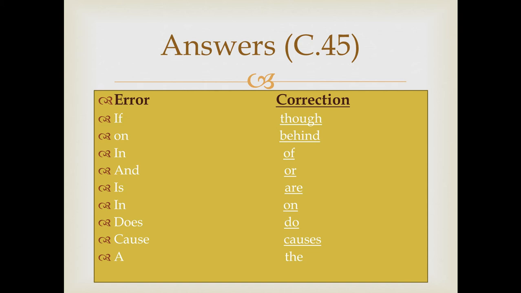So even though Indians have a long history behind them, they have a poor knowledge in keeping. They have poor knowledge of keeping. Instead of in, we are going to correct it with of. They have a poor knowledge of keeping their kitchens and toilets clean.